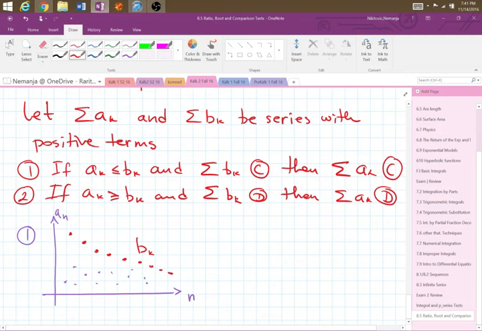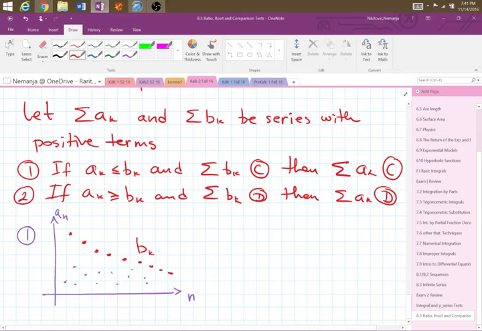The N and the BK. So because the sum of BK converges, it forces summation of AK to converge as well. So a sum of AK is trapped within the sum of BK. So this is what the comparison means.